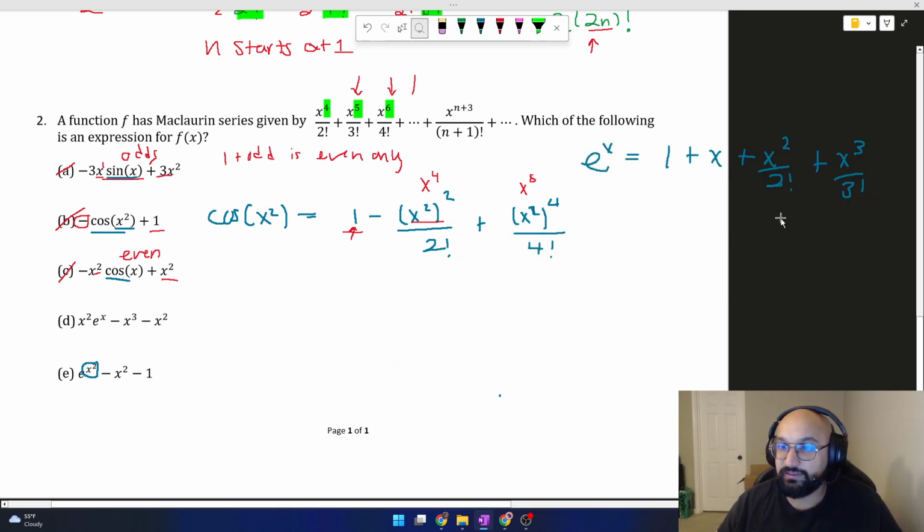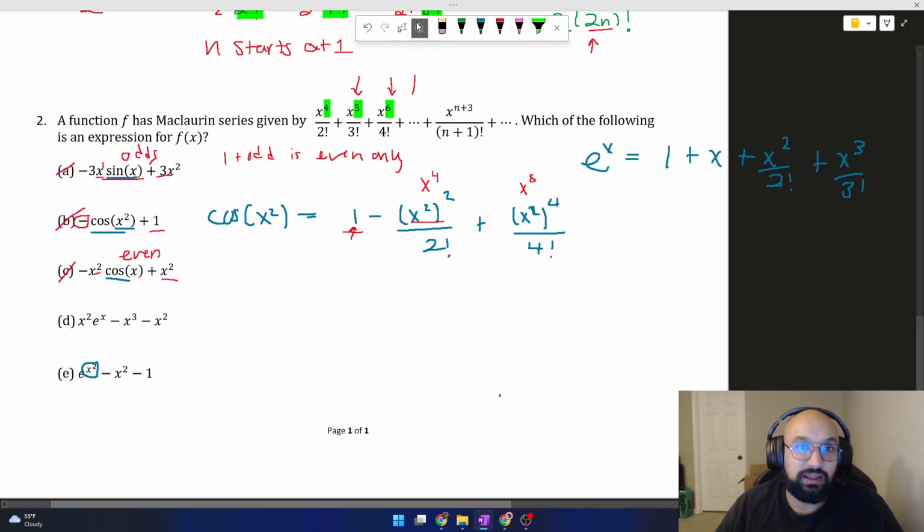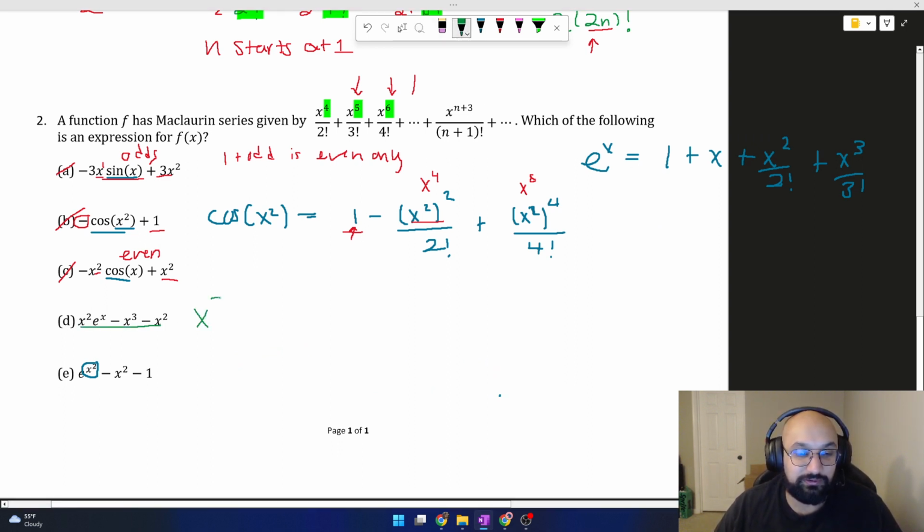So I'm going to move the e to the x expansion up here and use that to generate this one. So we have e to the x times x squared. So we want x squared times 1 plus x squared over 2 factorial plus x cubed over 3 factorial plus dot dot dot plus x to the n over n factorial. What we're doing is expanding x squared e to the x, by the way.